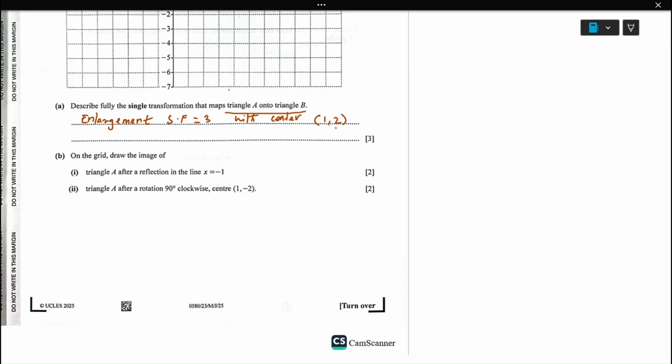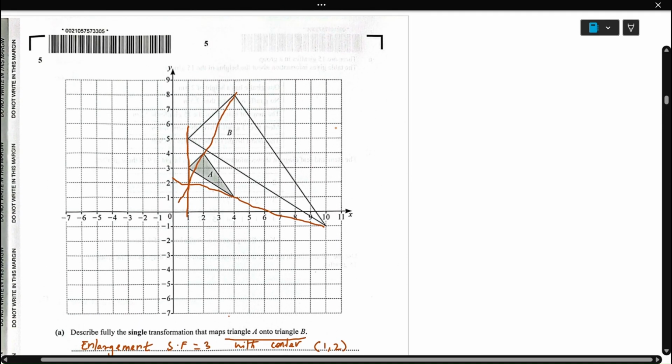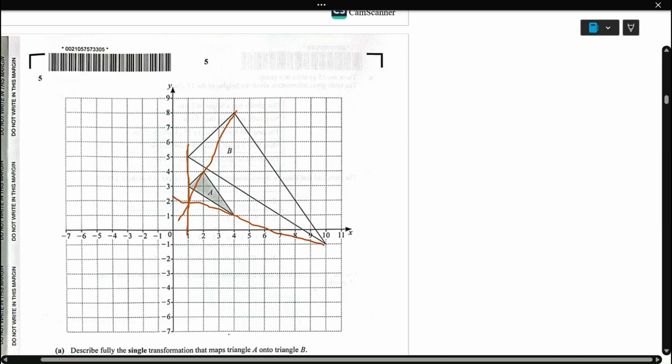On the grid, draw the image of triangle A after reflection in x equals -1. This is the line x equals -1. I'll clear the drawings here.